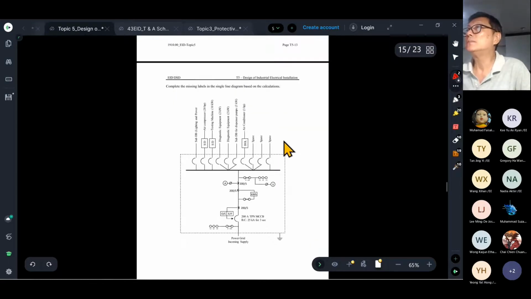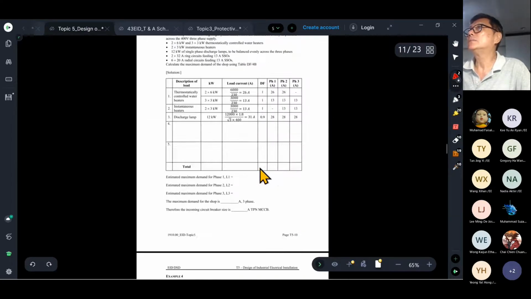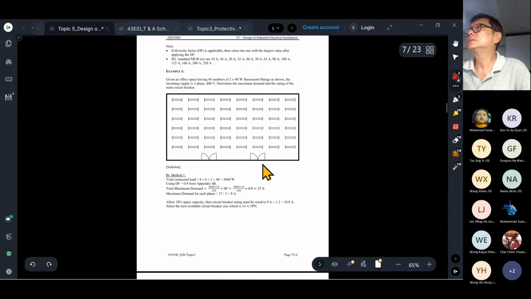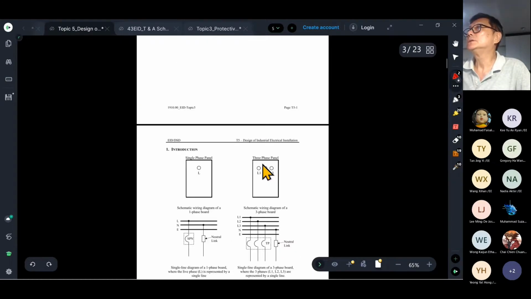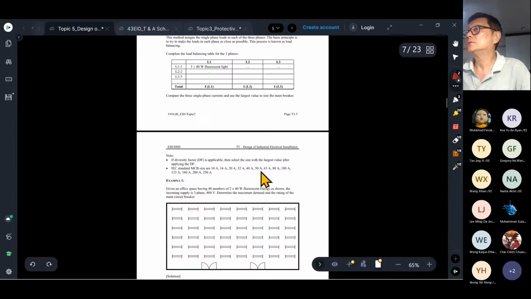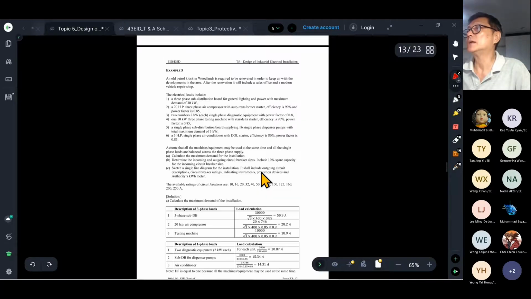Actually, this is not a good example because this is part of an exam question. There's a better one to see, but I don't seem to have a good diagram for you to follow. This one is not a full diagram. It's an example of part of an exam question.